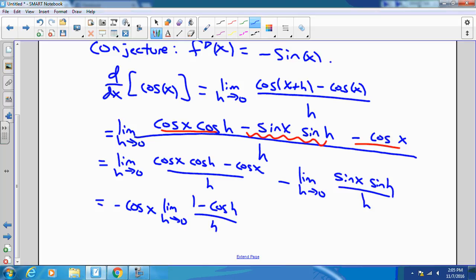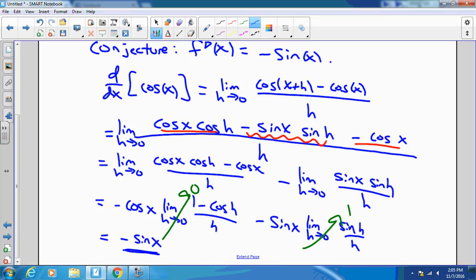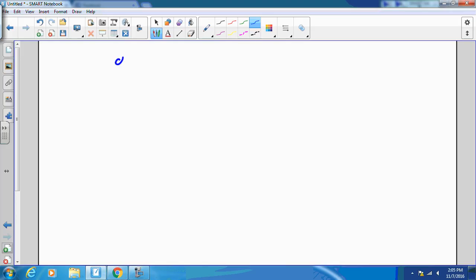I'm going to be clever and factor out negative cosine x so that we get the form of our famous limit. So, and now the payoff. 0, 1. And negative sine x turns out to be exactly correct. Plus 2 conjectures. That's good. That's a good job.